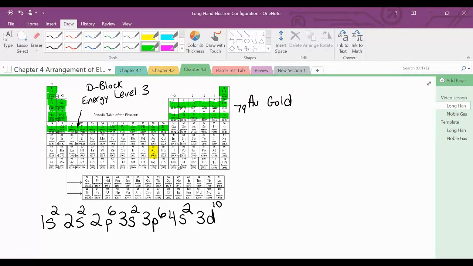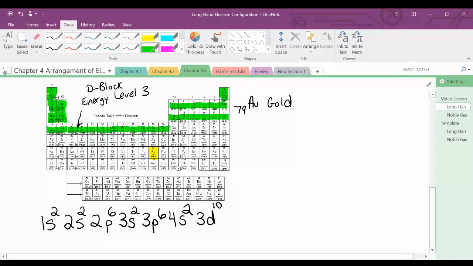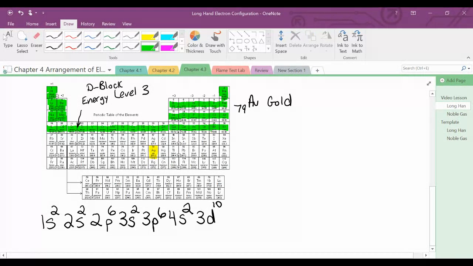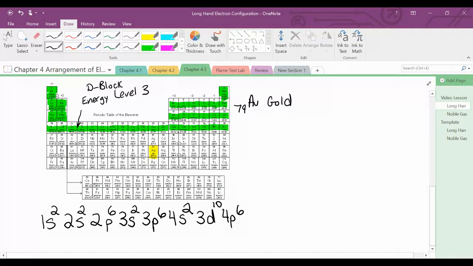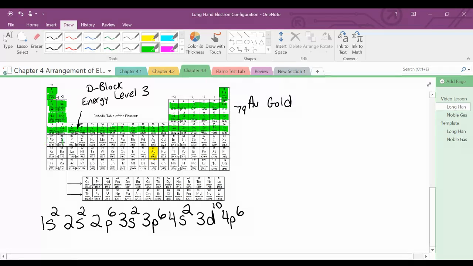We're back over to the P block now. And so we're at 4p6, because if you count across, there's 6. We move back down to the S block. We're at 5s, 1, 2, 5s2.